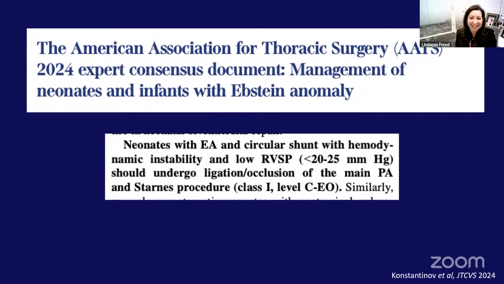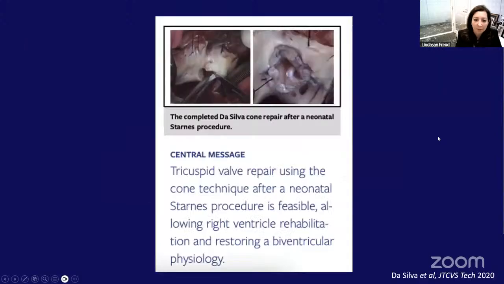Really, they can't. And so the best thing to do is to interrupt the circular shunt. And that can be with an isolated main pulmonary artery ligation initially, if there's not the stability and resources to do a full Starnes, or straight to a Starnes procedure.